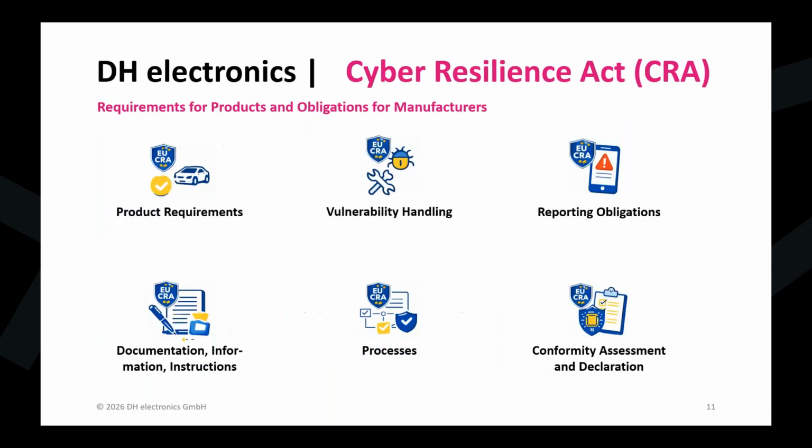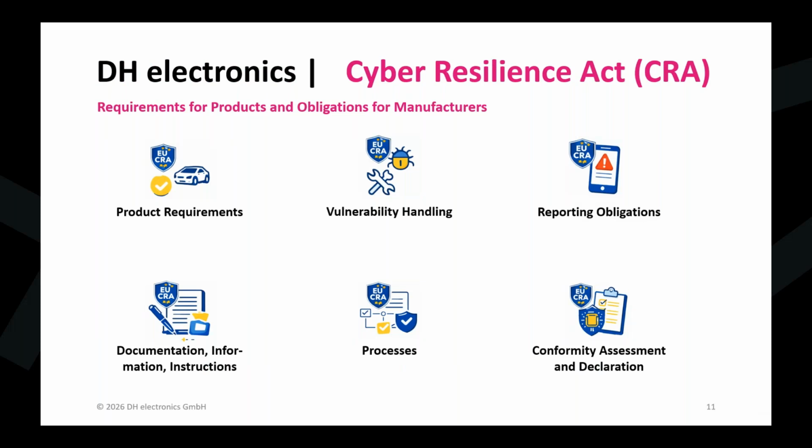Now that we clarified how a manufacturer is defined, let's move on to the main claims the CRA puts on them. There are essential cybersecurity requirements for the product itself, and there are requirements and obligations around the product's vulnerability handling, also regarding reporting.